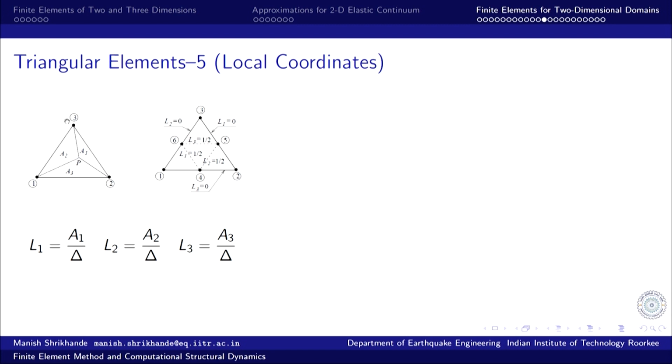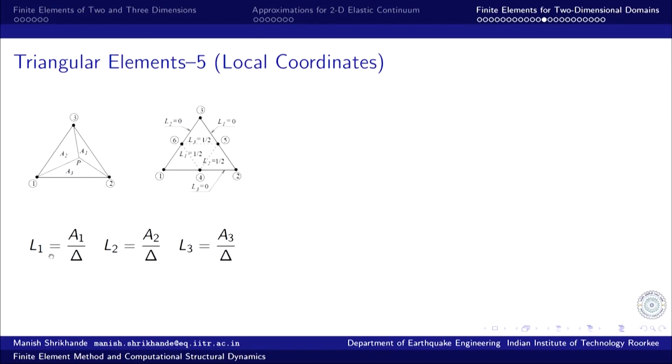Now I define the normalized area. Any point P(x, y) divides the area of the triangle, let us call it delta, into 3 different areas A1, A2, A3. Now, I define the ratio of these areas to the total area of the triangle.